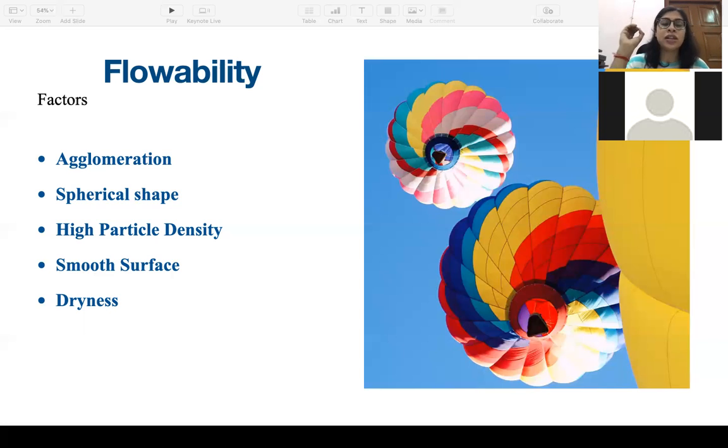If the shape is spherical, then the flowability of the product is more because it will not stick on any surface, it will glide down smoothly. Like a ball moves more easily on a surface than a cube or any other structure. Okay? High particle density.